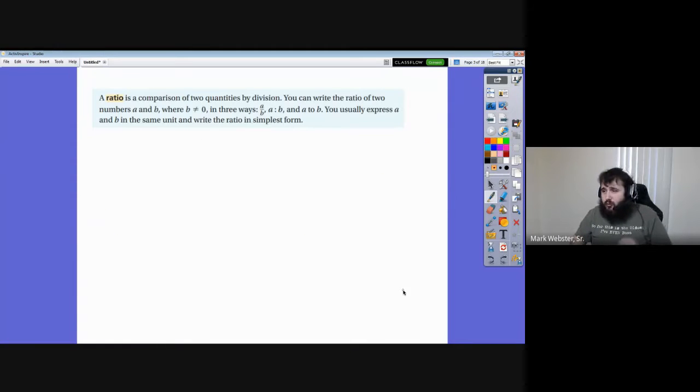All right, so what is a ratio? A ratio is a comparison of two quantities, and usually, especially when we're talking about it written as a fraction, we are comparing them with division, right?